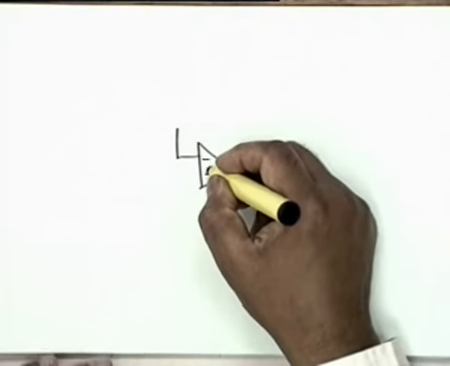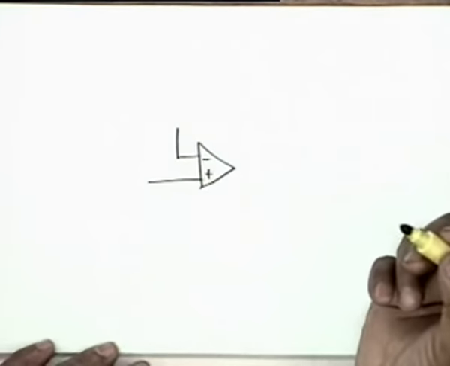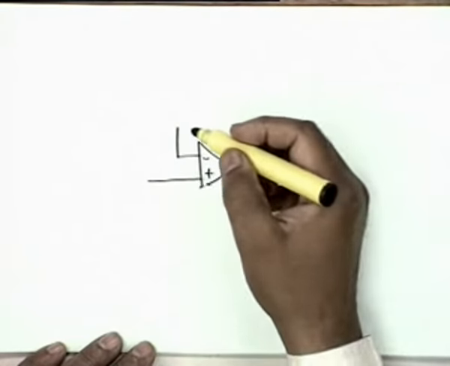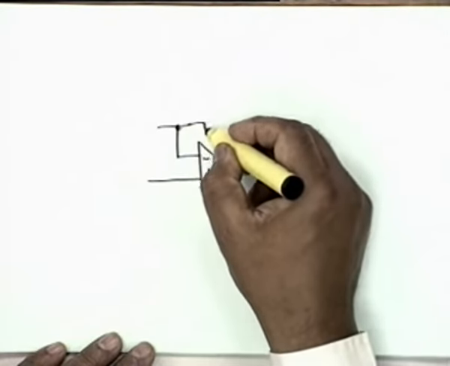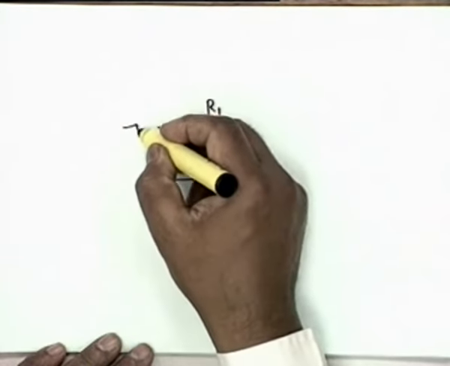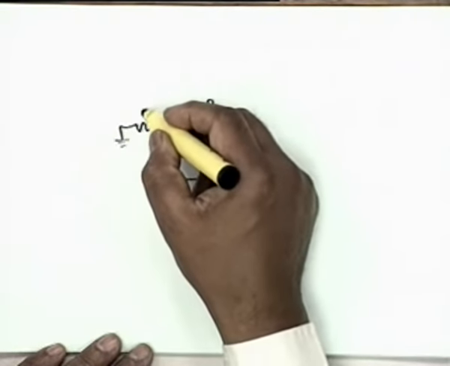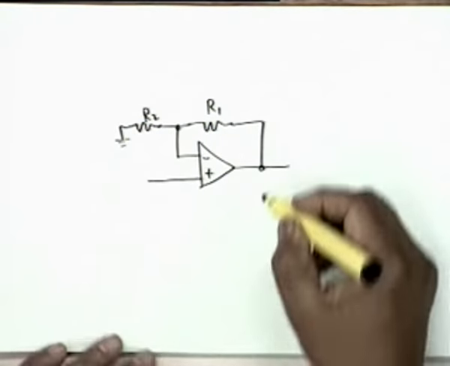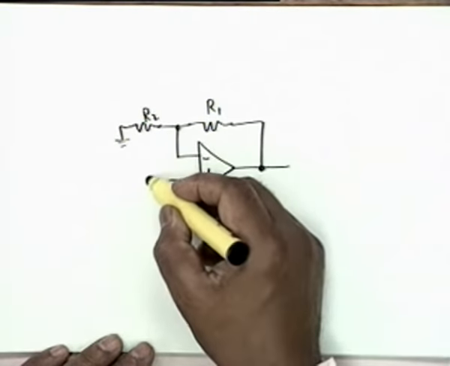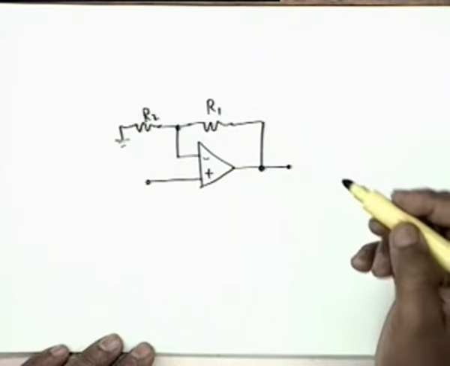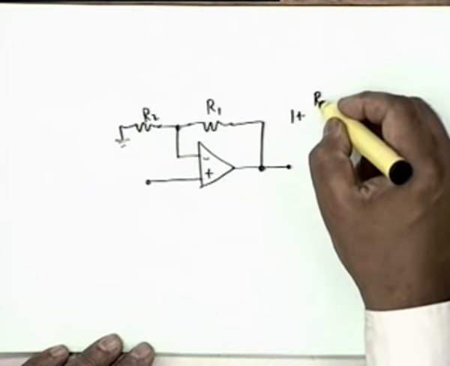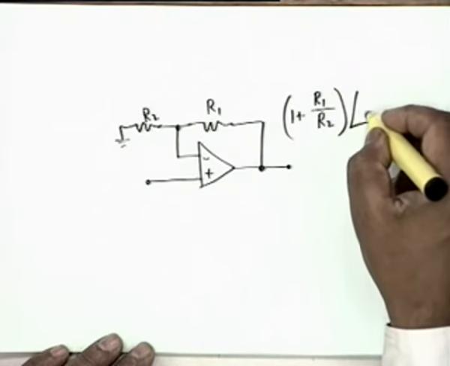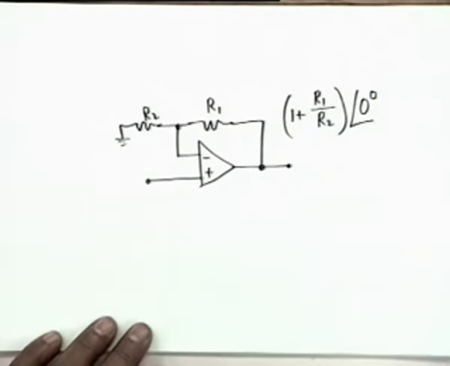We have a zero phase amplifier, which is realized by means of an op amp with two resistances, let us say R1 and R2, and the output is this. Between this point and this point the gain is 1 plus R1 divided by R2, which means that the gain has a phase shift of 0 degrees.